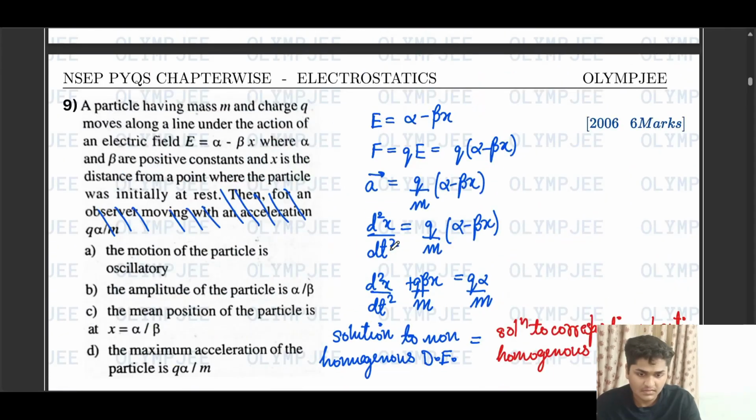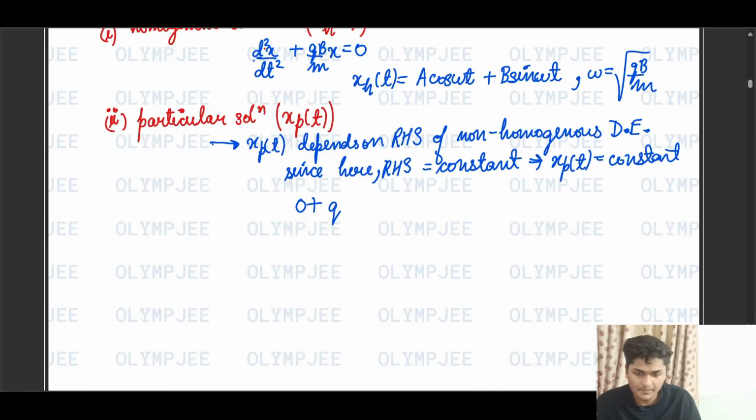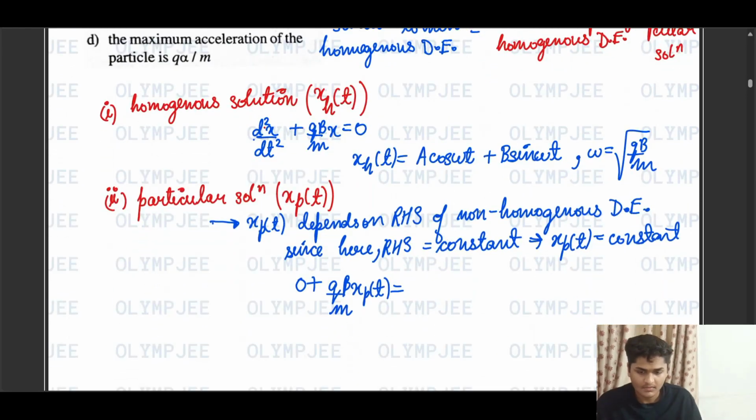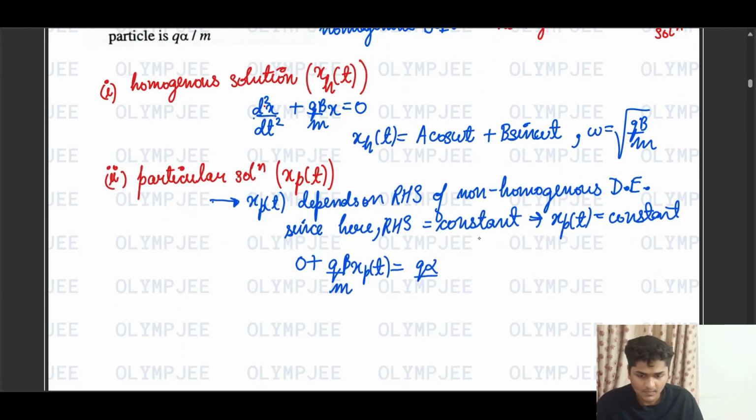We had this. So cancelling out the common terms, we get that the particular solution is alpha by beta.